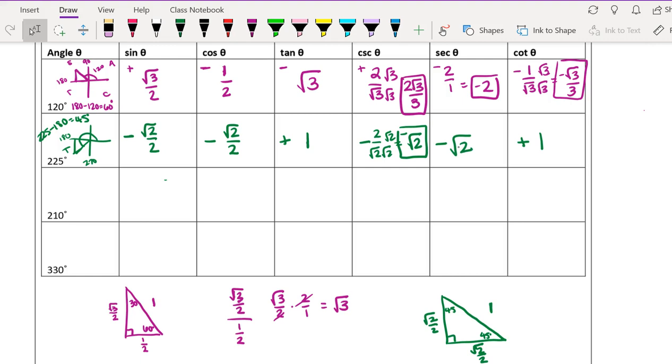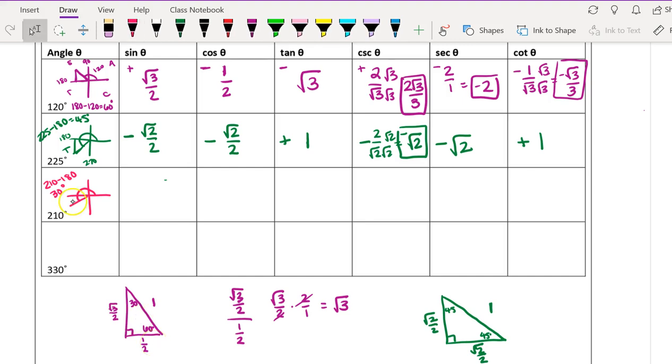210. So now if I'm drawing my reference angle, I'm again in quadrant 3. 210 this time. If I do 210 minus 180, I get a 30-degree reference angle. So I'm going to use the same 30, 60, 90 triangle, only this time I'm referring to 30.